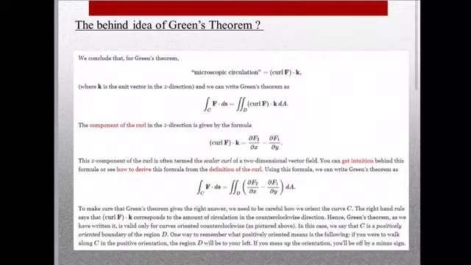In this case, we can say that C is a positively oriented boundary of the region D. One way to remember what positively oriented means is the following. If you were walking along C in a positive orientation, the region D will be on your left. If you mess up the orientation, you will be off by a minus sign.